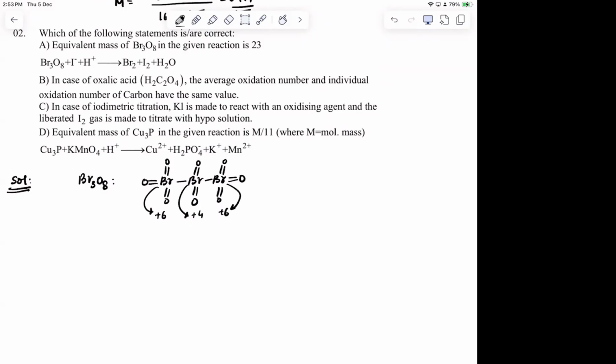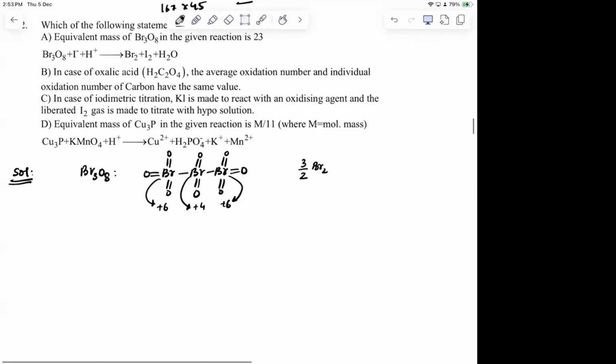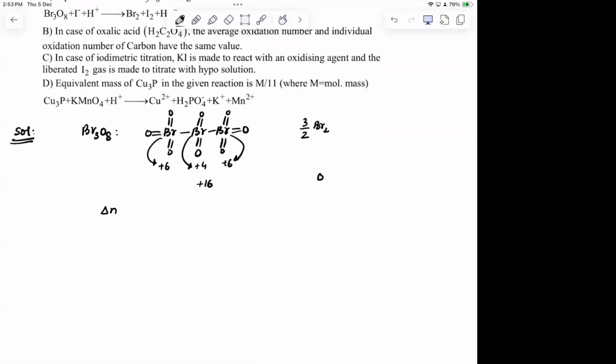Got it? If you notice, this entire thing is converting into Br2, which is 0. So if I put this as 3 by 2 Br2 here, the total charge of the 3 bromines here is 12 plus 4, which is 16, and here it is 0. So the difference in number of electrons is 16. Therefore, the valency factor of Br3O8 is 16.